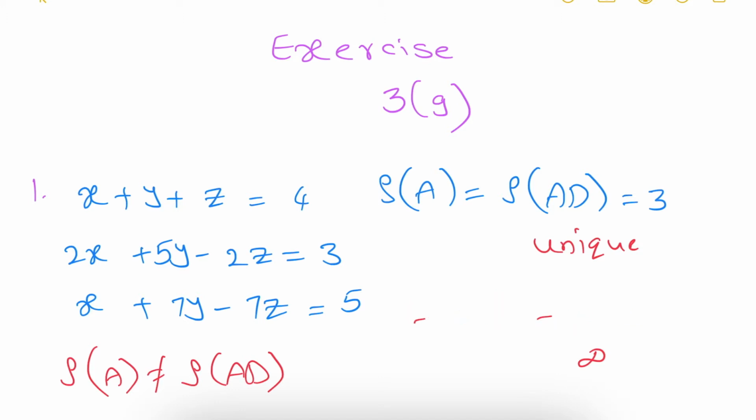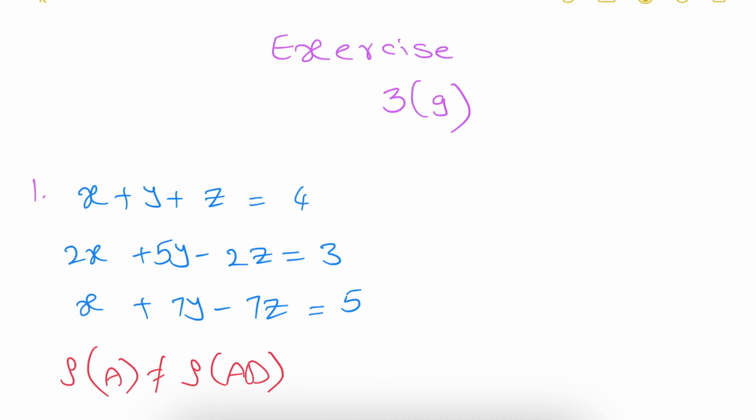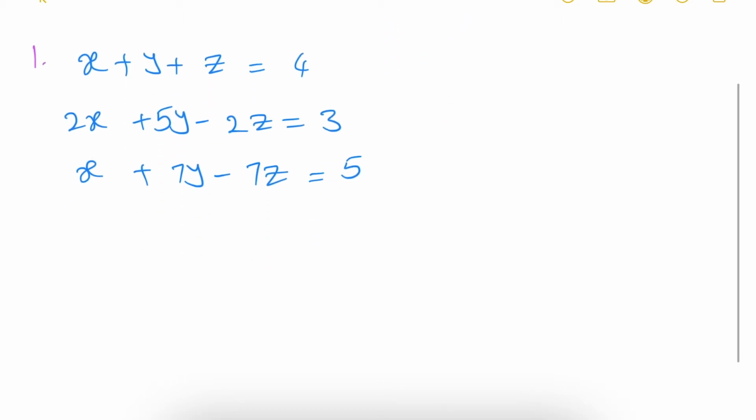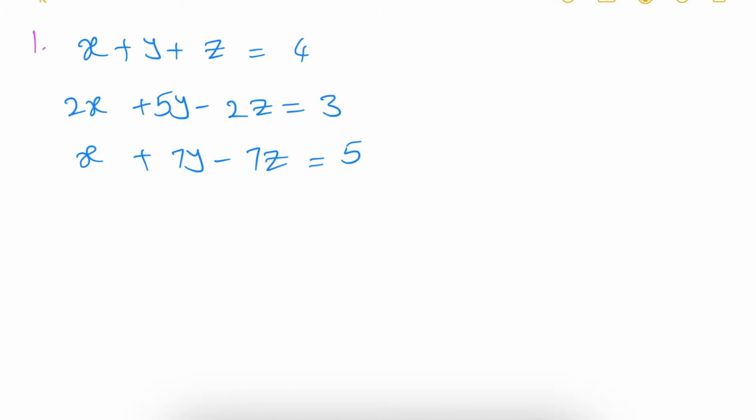Now from the equations let us try to create the matrix as well as the augmented matrix. First let me finish the matrix. For the first equation, x coefficient 1, y coefficient 1, z coefficient 1 will become the first row of the matrix.